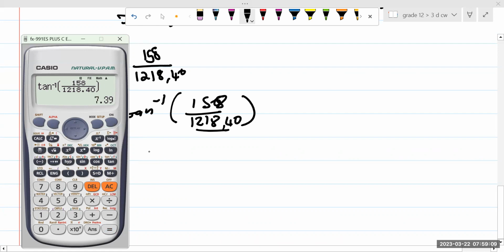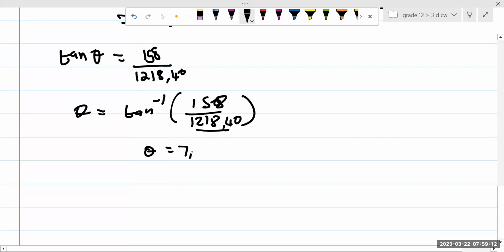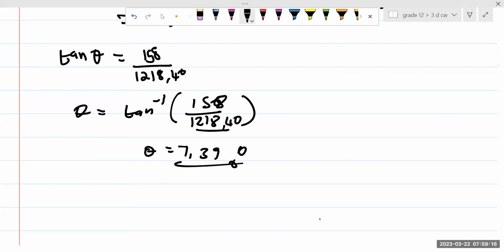And then it says theta is going to be 7.39 degrees. Okay, guys, this is how we approach this question. Degrees, tan inverse, yes.